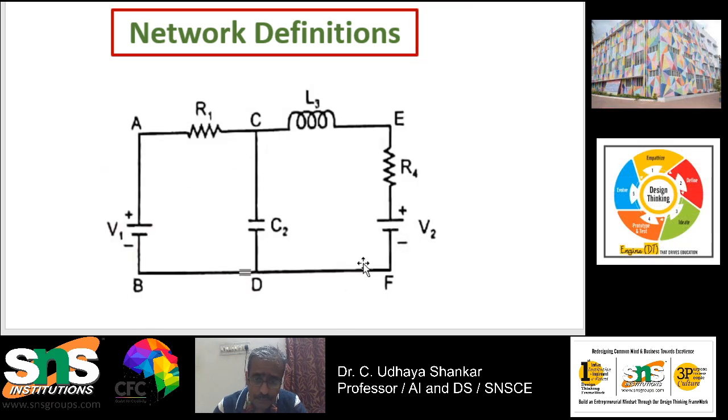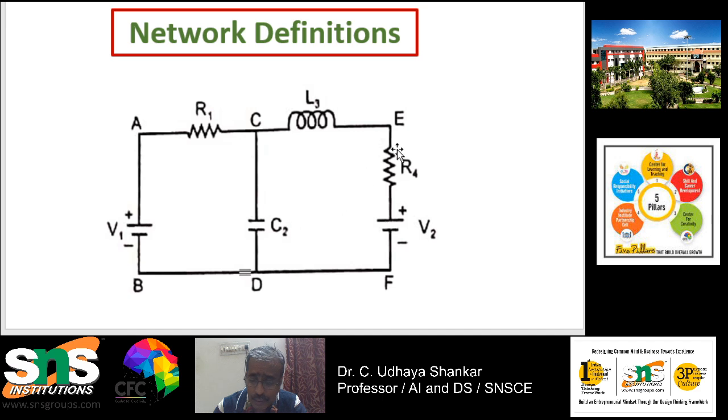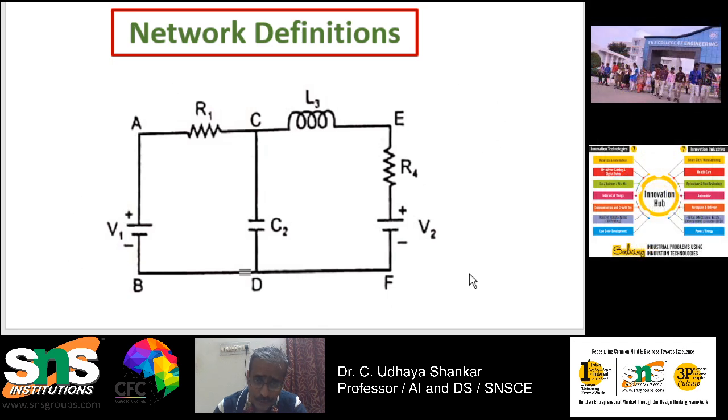So just a recap. Here you can see that V1 and V2 are the active elements, R1, L3, C2 and R4 are the passive elements. AC, CE, CD are called the branches, and this entire thing is called the network.